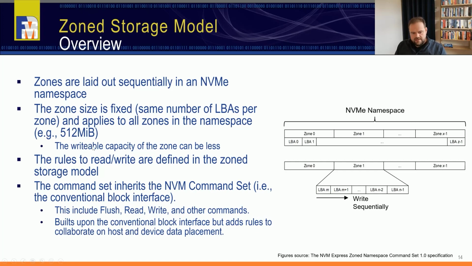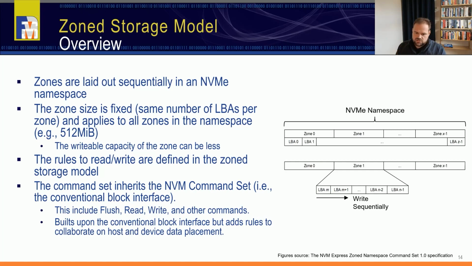Since we are dealing with SSDs, and particularly flash media, it's not always the case that the zone size is, for example, a power of 2. So what we added into ZNS is zone writable capacity, which defines that, for example, the zone size is 512 megabytes, but the writable area is 500 megabytes.